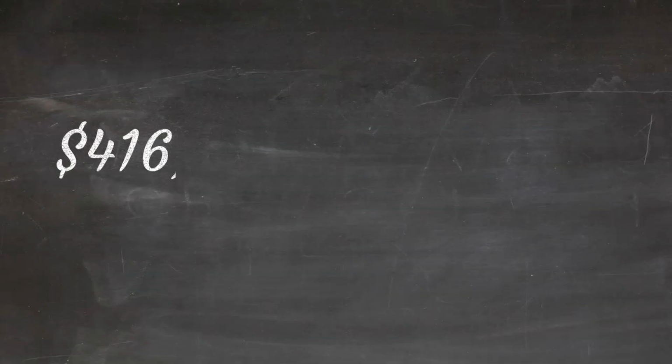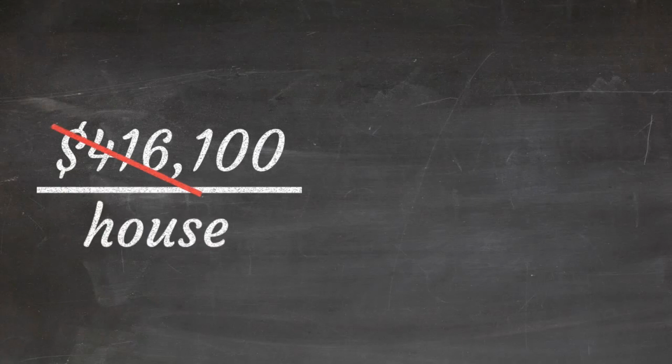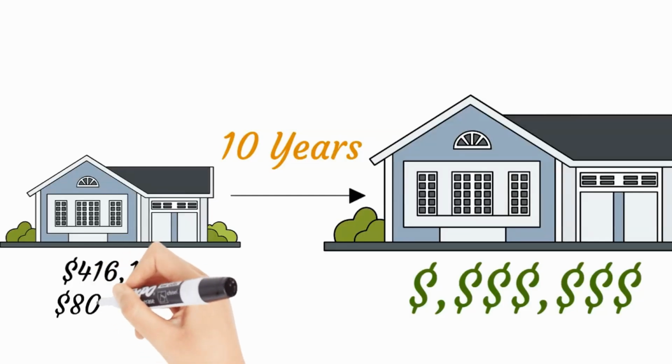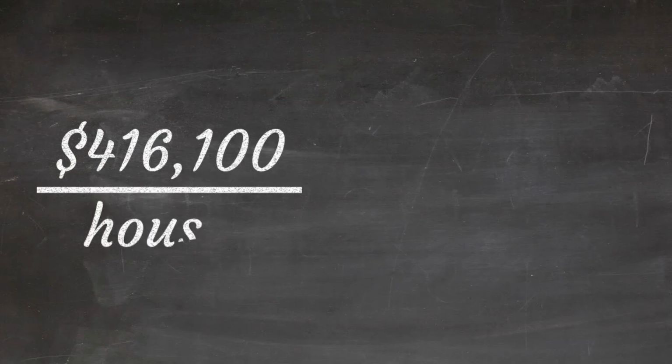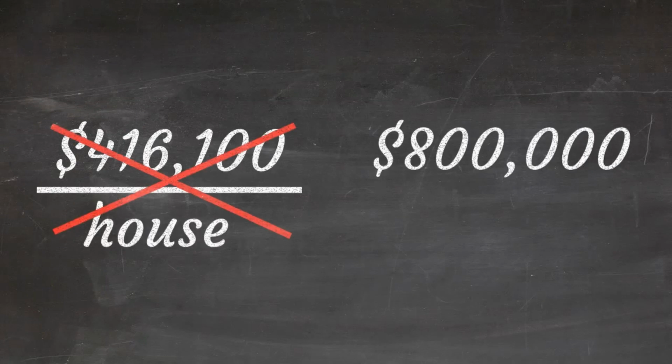But what if your house is not $416,100? What if your house is $800,000 or $200,000? Well, that's also very easy. Instead of $416,000, you just replace it with the number that you want. So let's say that instead of a $416,000 home, we have an $800,000 home because homes in California are very, very expensive.